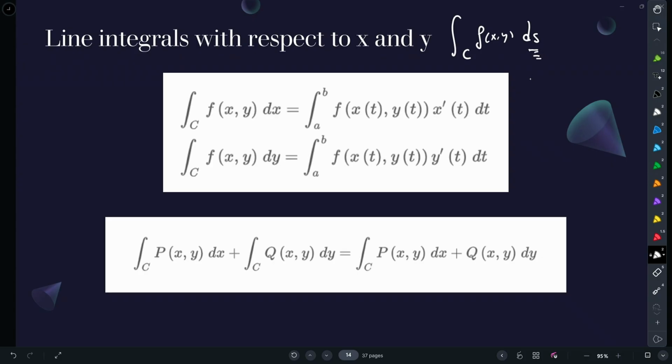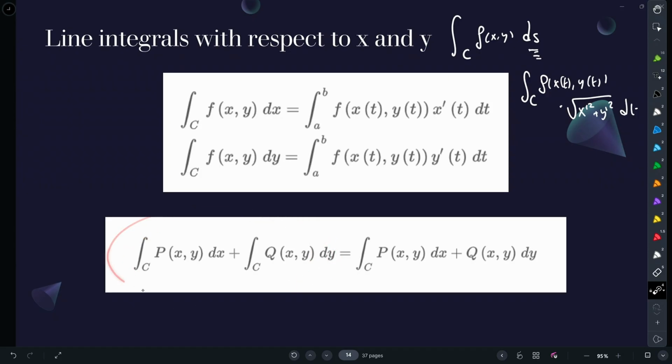That was the integral of f of x of t, y of t, times the entire contribution of the tangent vector, square root of x prime squared plus y prime squared dt. And these ones are the contributions. The line integrals with respect to x and y just take into consideration the contribution in x and the contribution in y. These integrals will show up from here to the end of the class.